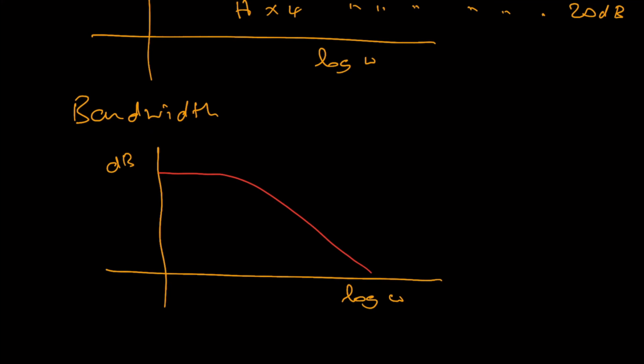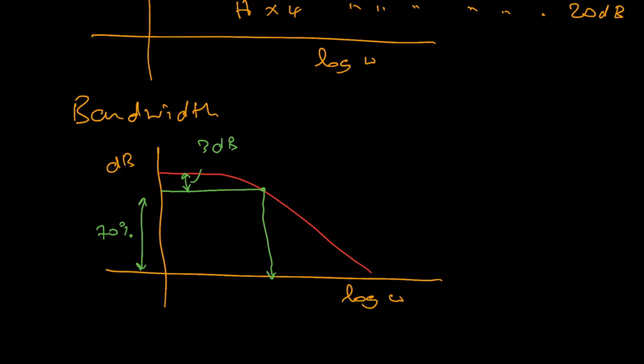If the amplitude drops to about 70% of the maximum, then where this intersects is called the bandwidth. So this is the frequency for the bandwidth. Another way of thinking about it is that in terms of dB, this has dropped 3 dB.